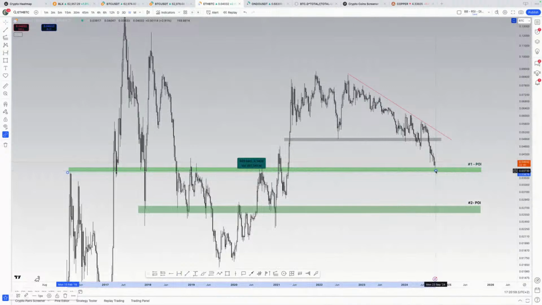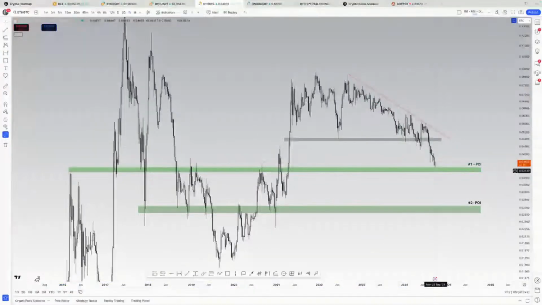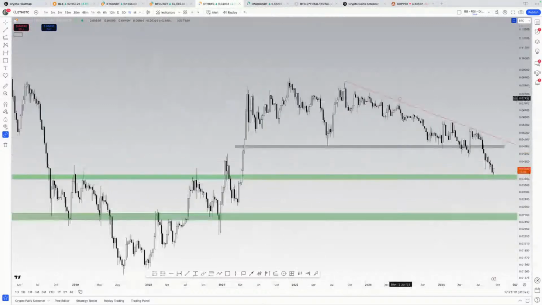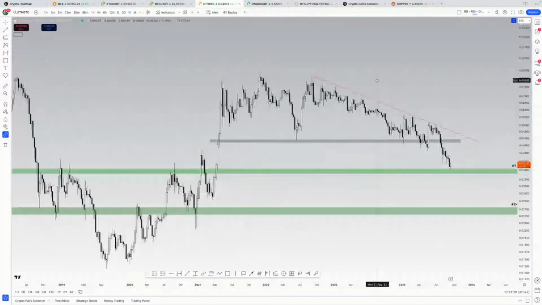This is 440 weeks, 3,243 days. Of course, we haven't seen a lot of interaction with this range, especially since 2021. But still, I believe this is a very important level for Ethereum.